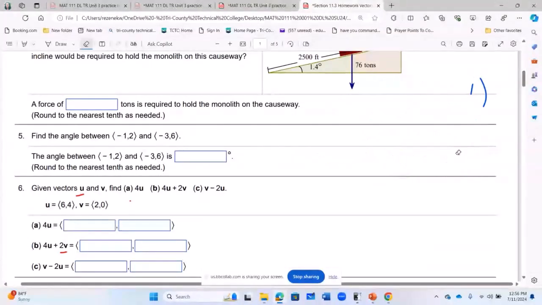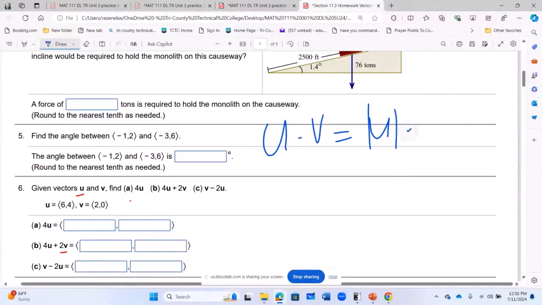The definition of the angle between two vectors is u dot v is equal to the magnitude of u multiplied by the magnitude of v multiplied by cosine theta.